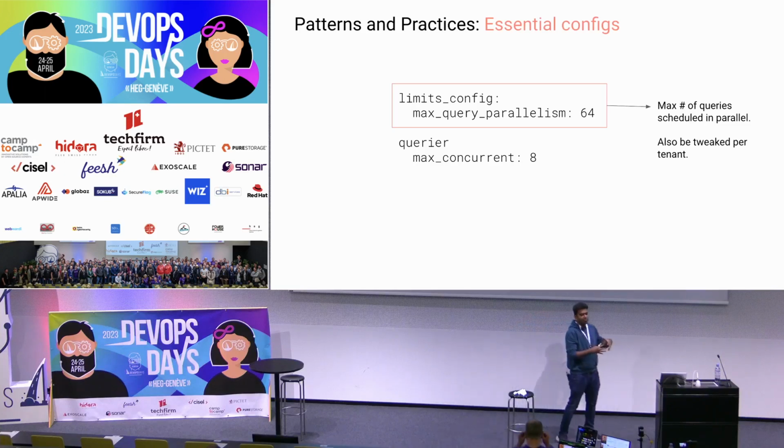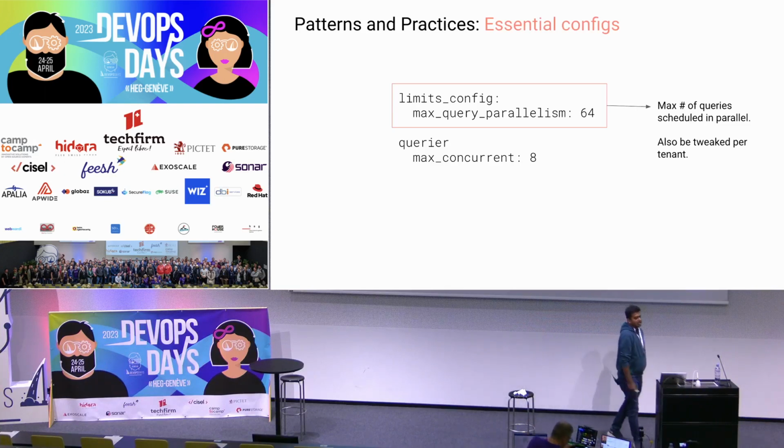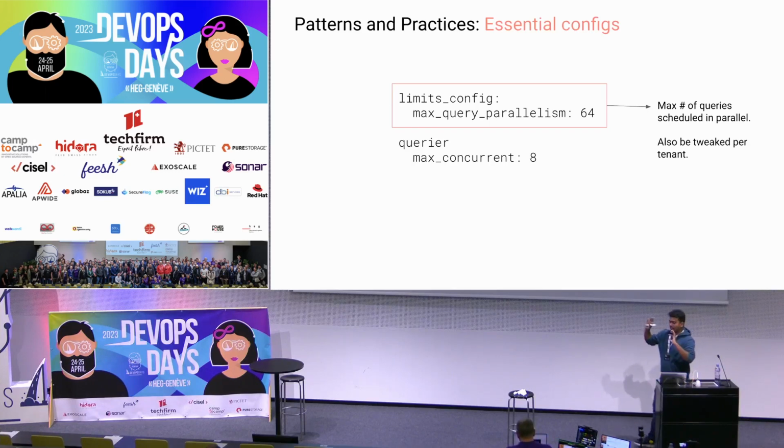So you want to give more performance to some teams, and you can tweak this value. So it is per tenant. In this case, let's say tenant ID or user ID like 1, 2, 3, 4, they can have max parallelism of 64, which means at any point in time, 64 queries for them will be scheduled before waiting for another query to execute. That's the idea.